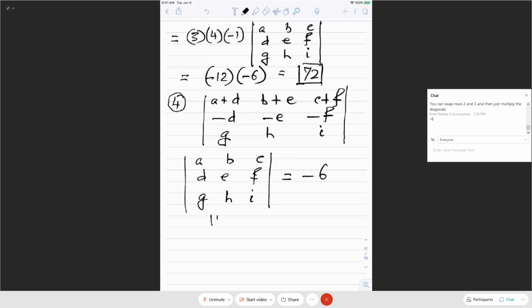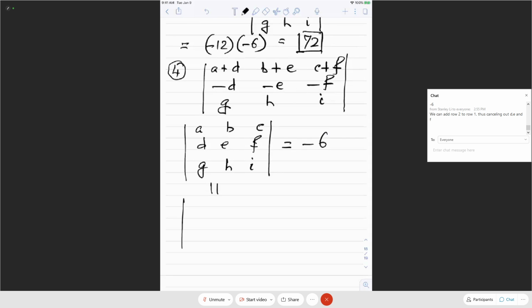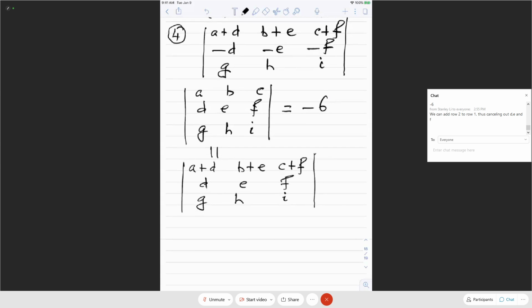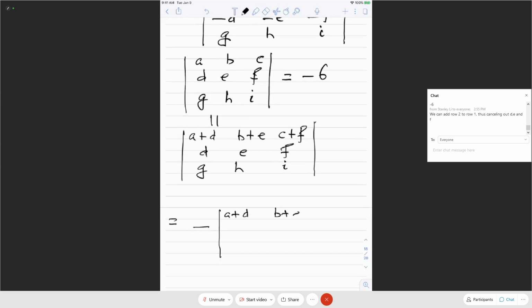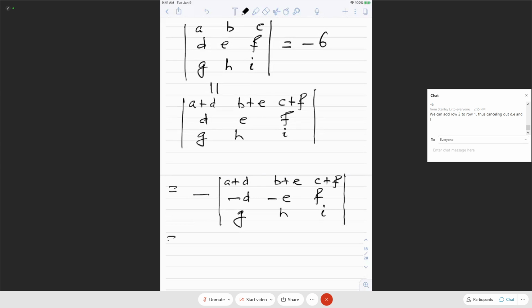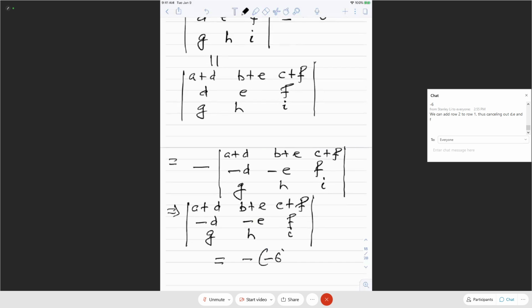But this is equal to A plus D, B plus E, C plus F, D, E, F, G, H, I. Now if you multiply by minus 1, then this becomes minus A plus D, B plus E, C plus F, minus D, minus E, minus F, G, H, I. So this determinant will be minus of minus 6, that is 6.